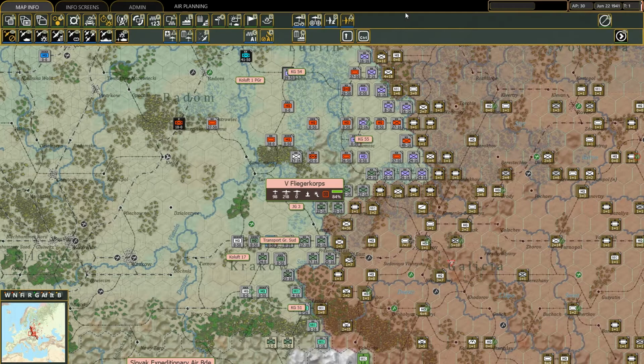Every scenario that begins before 1942 sees the Axis as the, let's say, first movers. Every scenario beginning, let's say, in the November of 1942 sees the Soviets as the openers of the campaign. And after the logistics phase, there is the air planning phase.